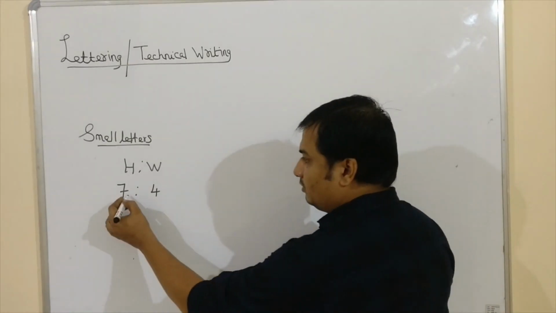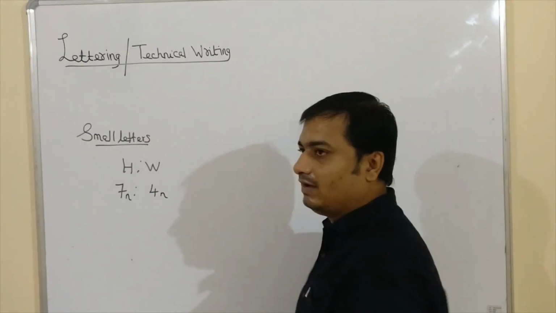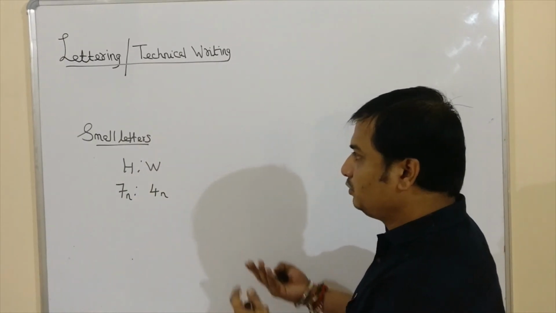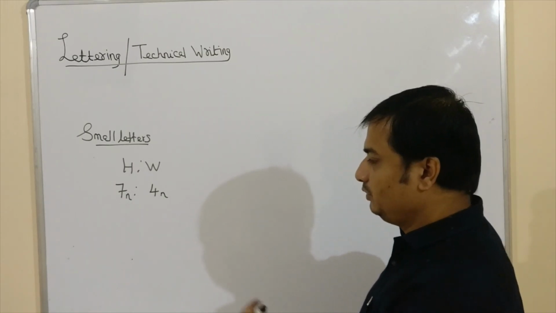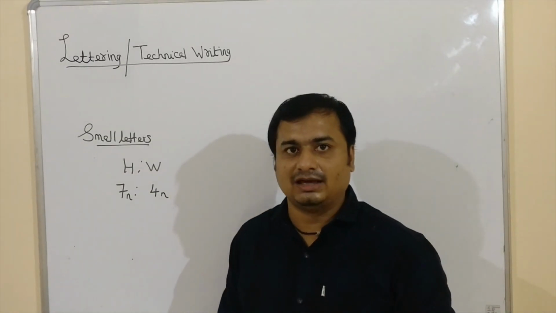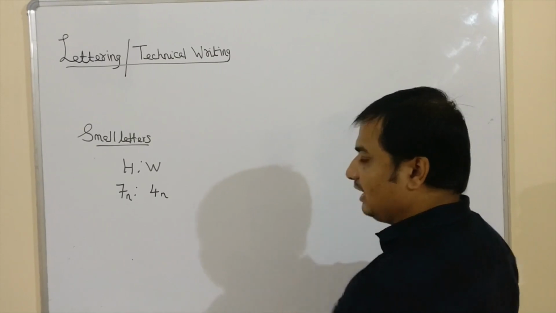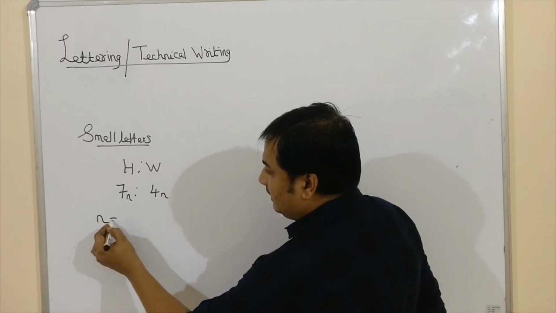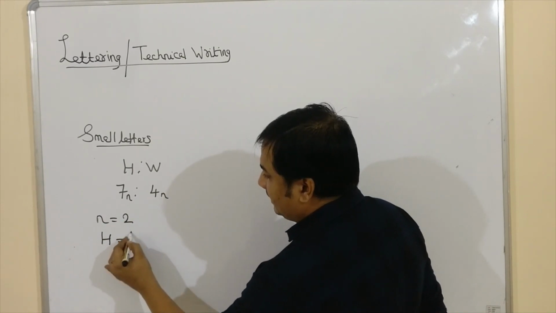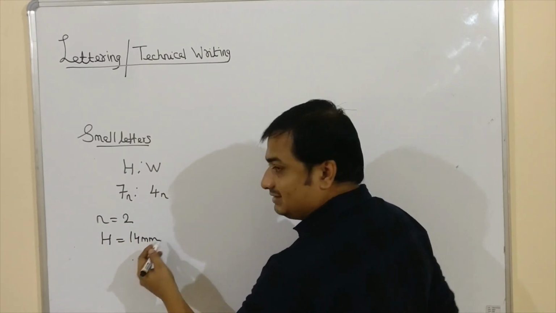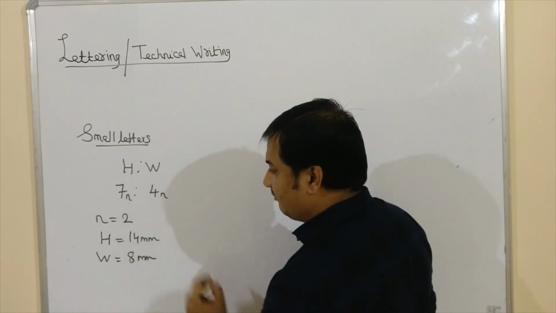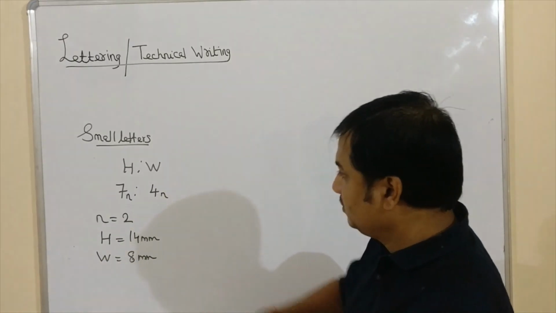Again, you can multiply both sides by a factor n, so you can take any value of n. Again, I am going to explain how to convert these parameters into dimensions and how to start your drawing. If we take the value of n as 2, our height will become 14 mm. This is just an example, and the width will become 8 mm, so as to maintain the ratio 7:4.